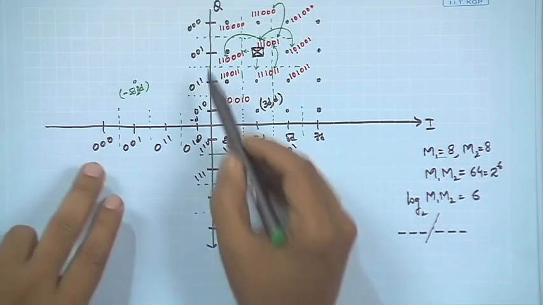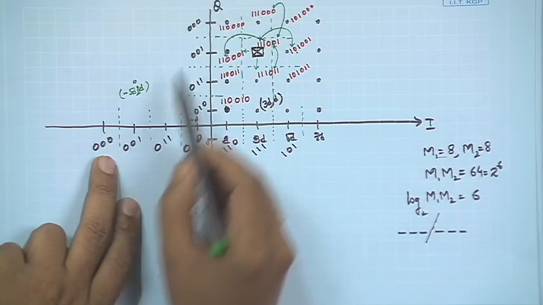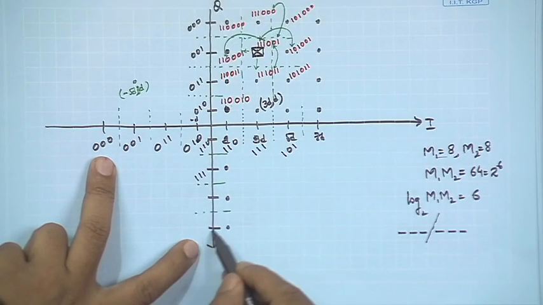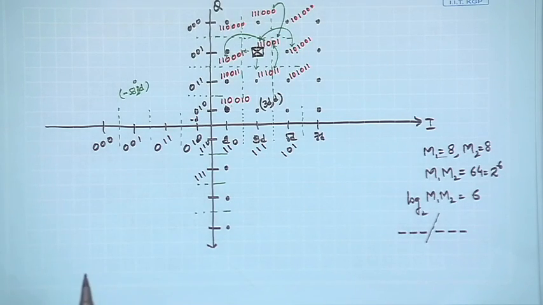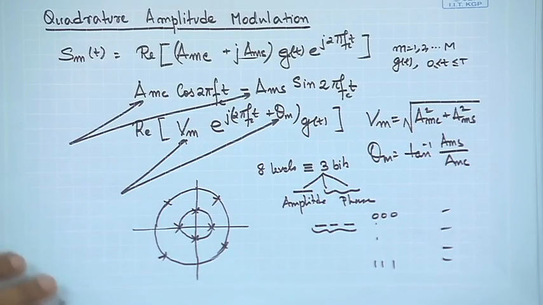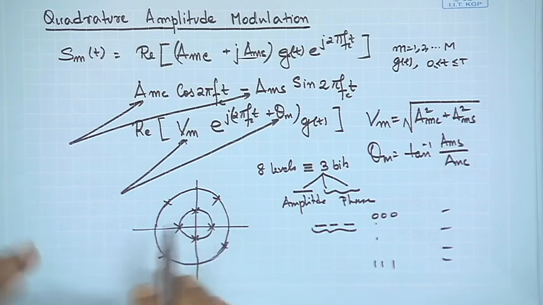You may note that in this particular diagram I have reversed the order. So, 0 0 0 maps to minus 7d, but 0 0 0 maps to 7d. So, it could be reversed and I could start from 0 0 0 here and end up with some other number over there. So, that means that there is a lot of simplicity in decoding, whereas if you are choosing this kind of a constellation, there is no straightforward simple way of mapping amplitudes and phases or the reverse direction of demapping.